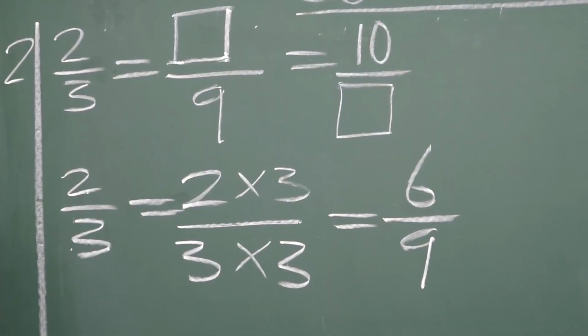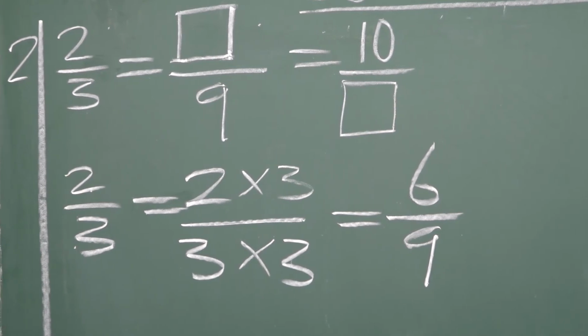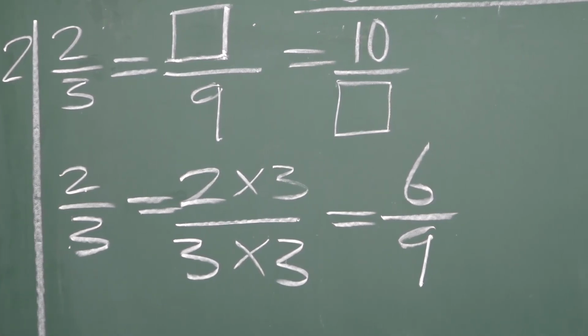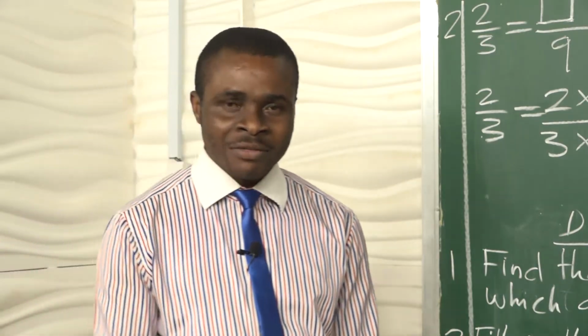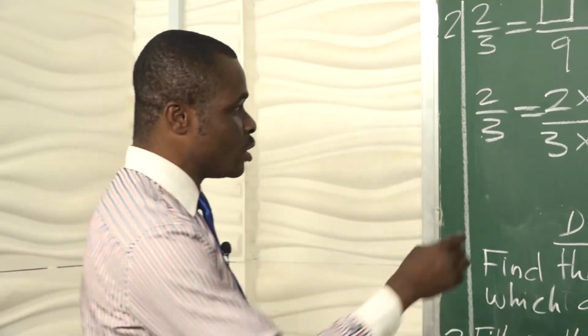The next one is 10 over box. How do you get the number that is supposed to be in the position of the box? You have to use 2 to divide the 10, which is going to give you 5. Meaning, if you multiply the same fraction, 2/3, by 5, that will give you that particular fraction, 10 over the box.